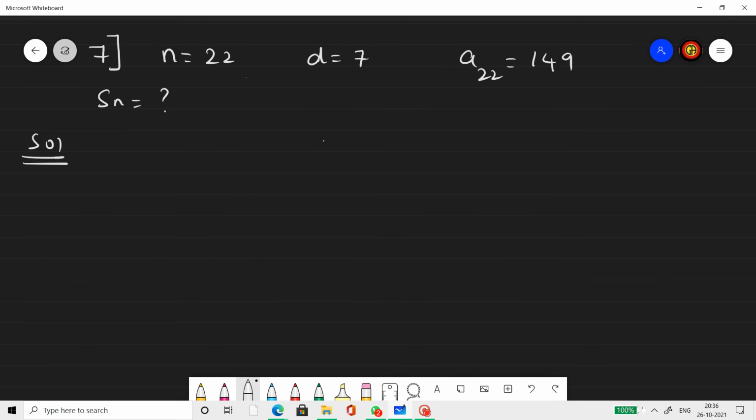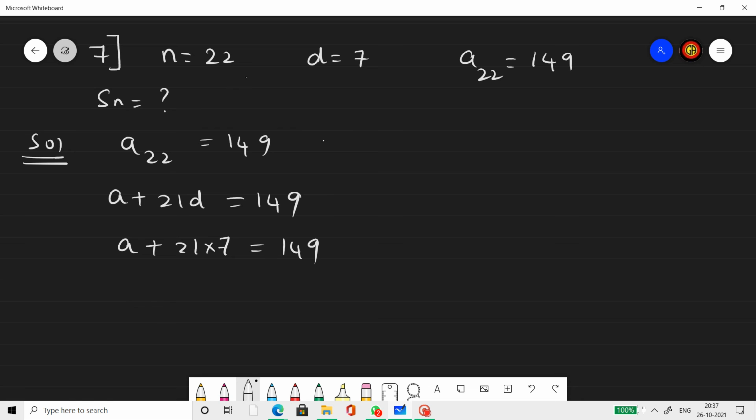N is 22, D is 7, A22 is 149, Sn we need to find in the seventh one. So A22 equals 149. So that means A plus 21D equals 149. And when we know D as 7, A plus 21 into 7 equals 149. So A plus 147 equals 149.